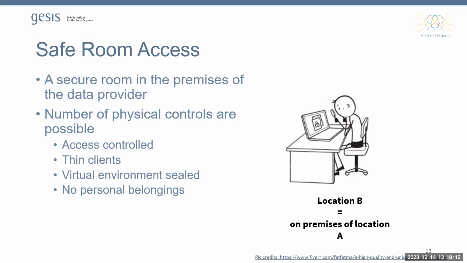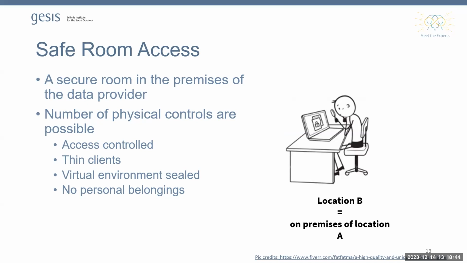The researcher comes to our premises and they sit in a special secured room. There's a reason this is where we started, which is that we can control virtually everything. We can put in physical controls, such as locking the rooms and making them only accessible through us.